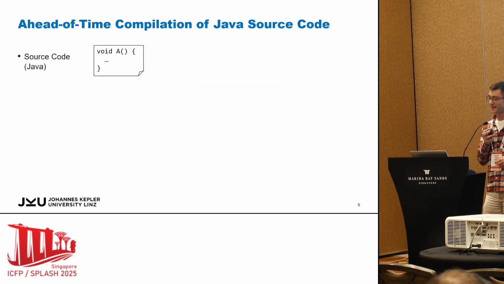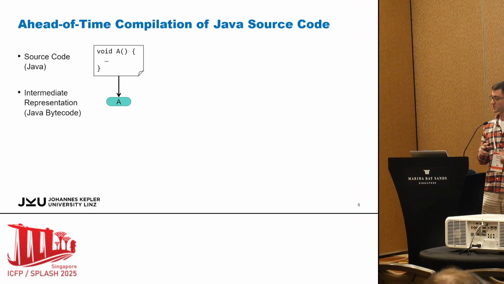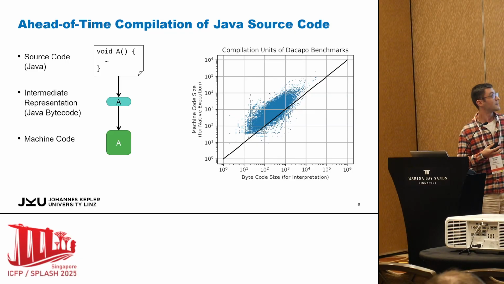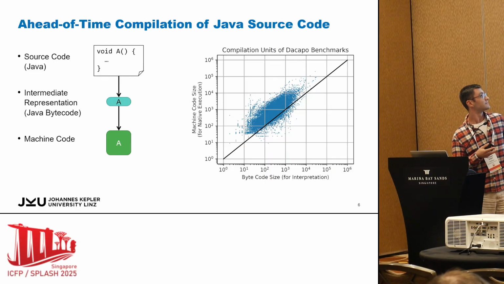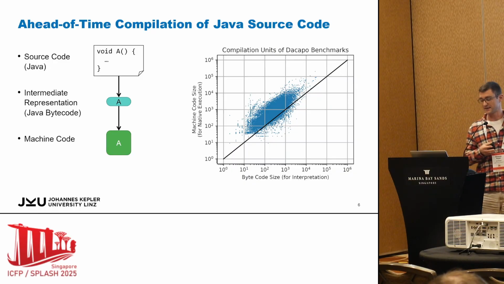If we now take a look at this procedure, we start with Java source code, we compile it to Java bytecode, and then it's further compiled down to machine code, and then we can actually do a size comparison. On this diagram, on the x-axis, you see the bytecode size of a compilation unit. On the y-axis, you see the machine code size.